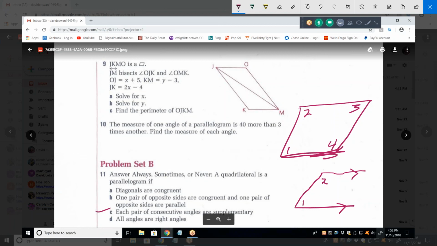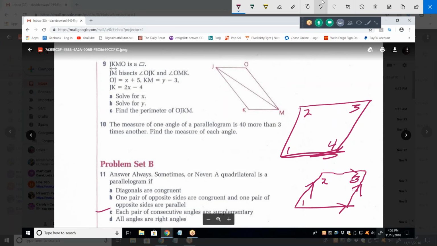And now, if I do the same thing up here, and I make 2 supplementary to 3, then that makes that parallel to that, and you have yourself a parallelogram. I don't think you can have two opposite sides be parallel and have it not be a parallelogram. I think one implies the other, and the other implies the one.